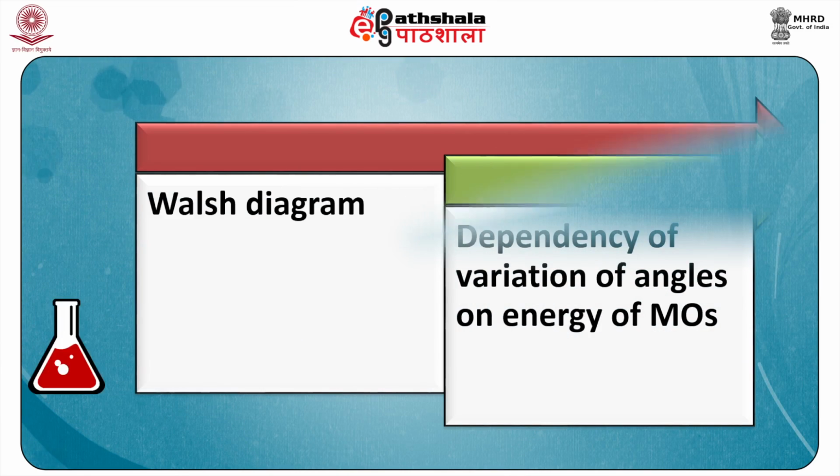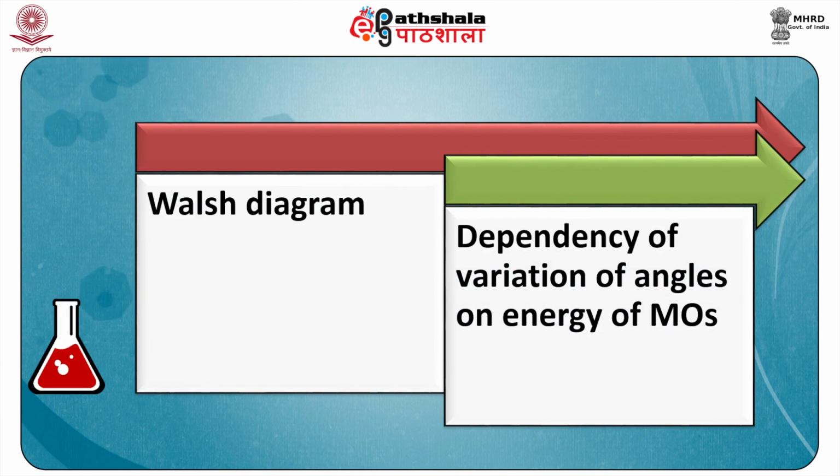Summary. This module discusses the following points. The Walsh diagram, which is an illustration of the dependency of the variation of angles on the energy of molecular orbitals. The Walsh rule, which states that the molecular geometry is determined to a very great extent simply by the number of valence electrons in a given system.